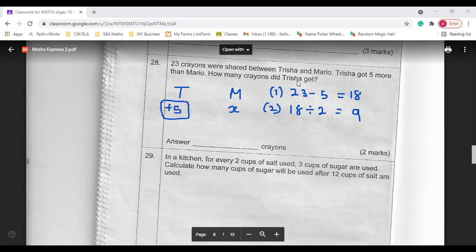Right? So that's our step 3. So T equals 9 plus 5. We have to add this back in. And that will give us 14. So Trisha got 14.